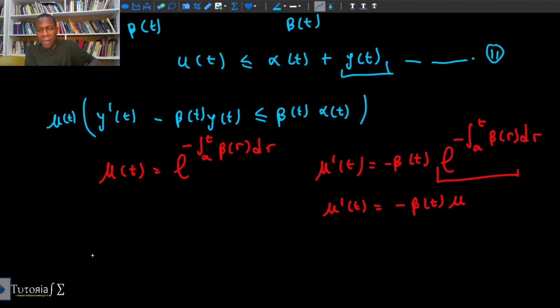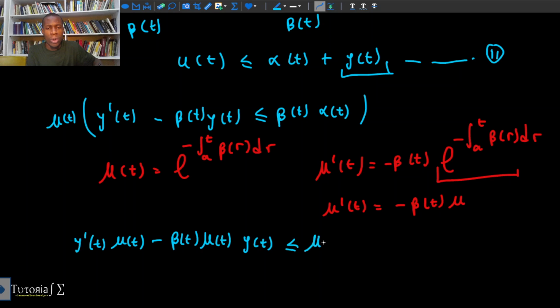We are going to have y prime of t mu of t minus beta of t mu of t y of t, less than or equal to mu of t beta of t alpha of t.